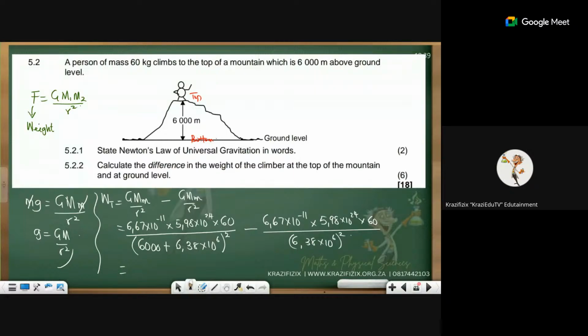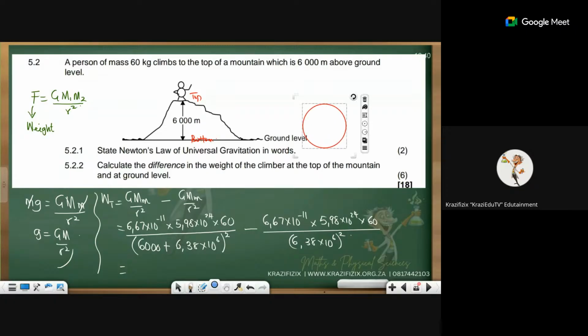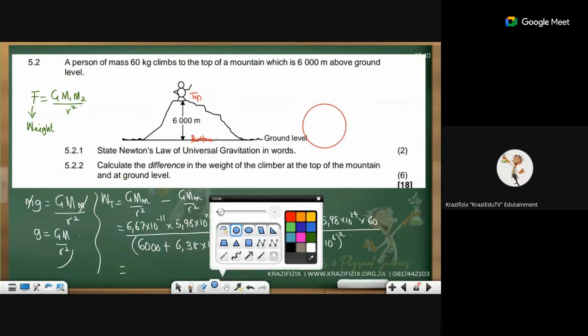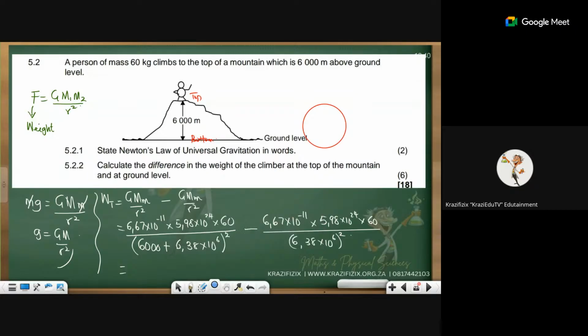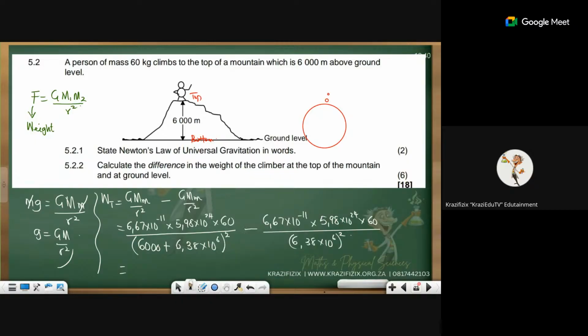How do we know that it's in the radius? Whenever you're dealing with gravitational, it's the center of the object. The guy is first here, let's draw a blue guy, on the surface, and then the guy is here, 6,000 above.